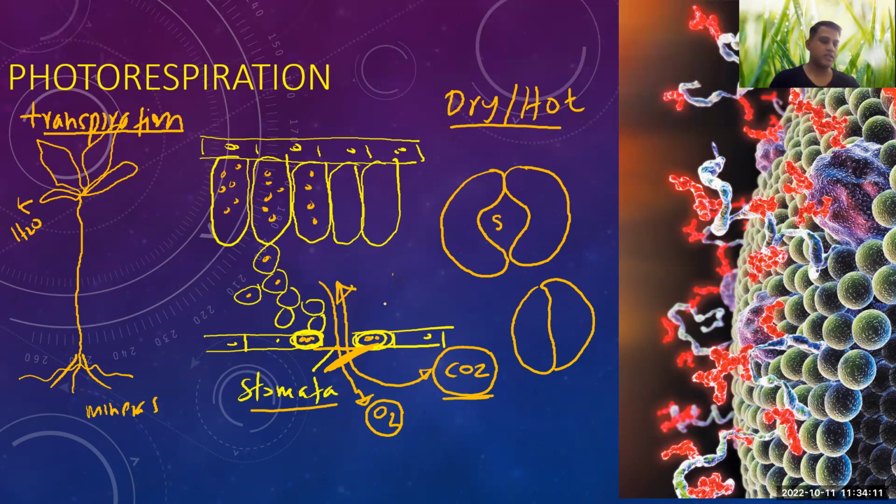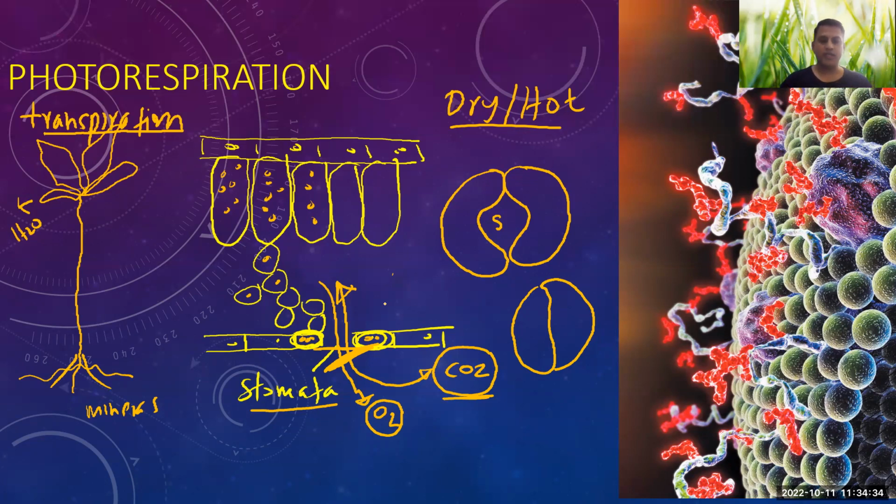And the process is not 100% black and white. That means even when it's really dry, it's not 100% closed throughout the day. So it regulates: it can open a little, close a little, so the carbon dioxide entry is reduced.